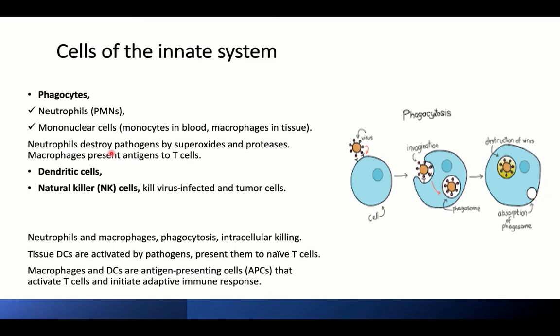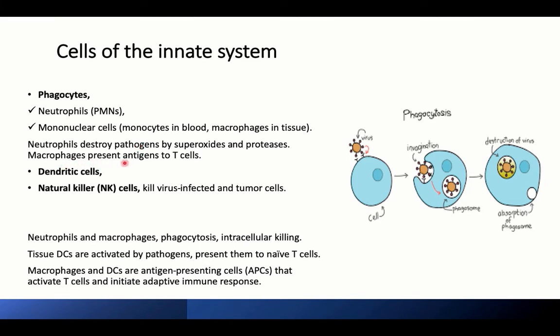Neutrophils destroy pathogens by superoxides and proteases. This is very important, as we have a disease called chronic granulomatous disease, which has dysfunction of these phagocytic cells, or phagocytic function, and will end in immune deficiency.